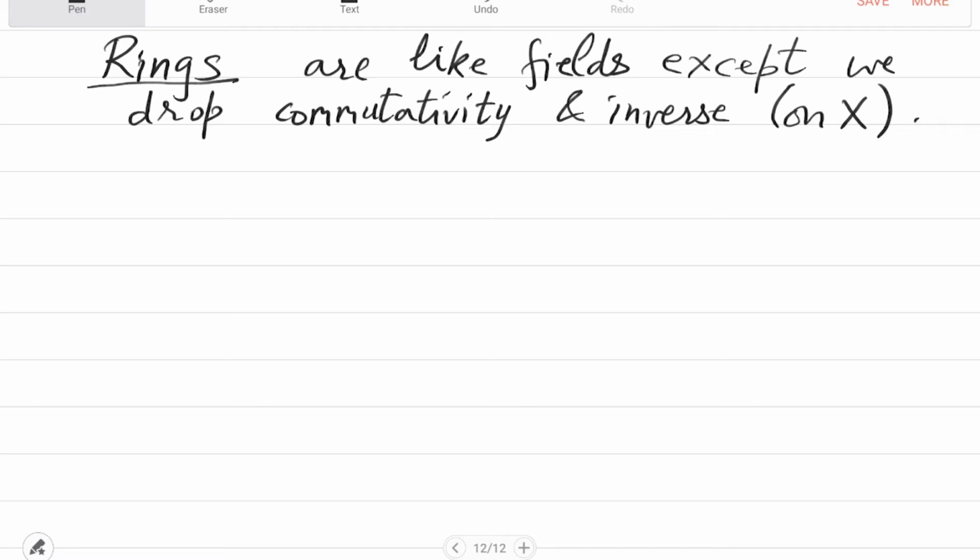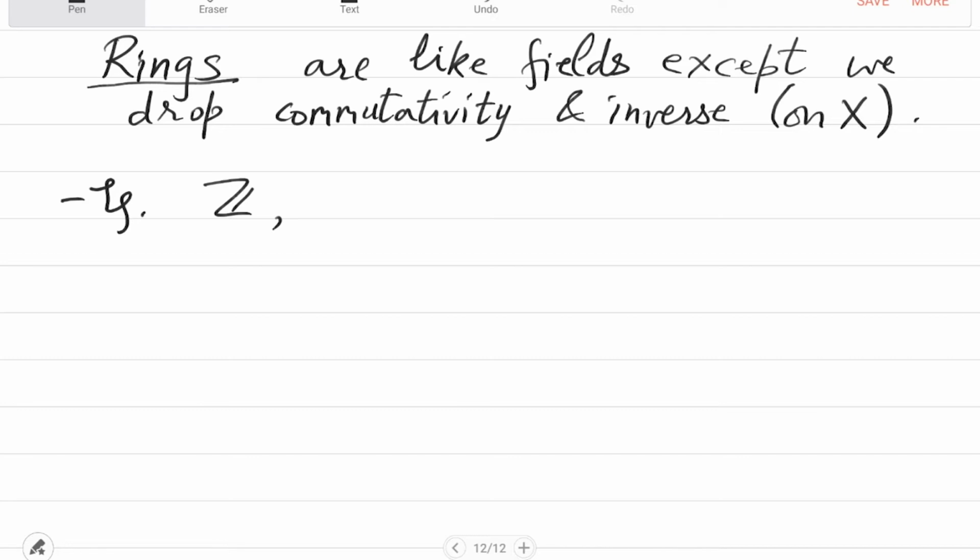Yeah, so this actually covers a lot of ground. There are far more rings and more complicated rings than there are fields. So an example is the ring of integers. It has addition, multiplication.